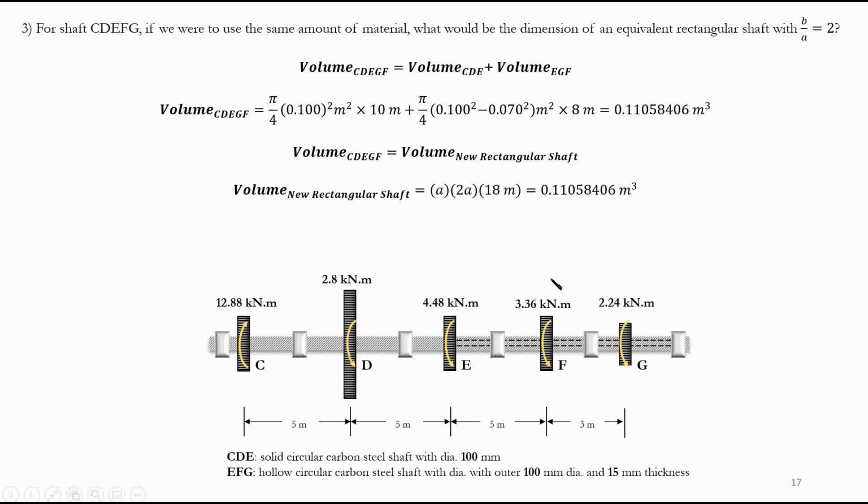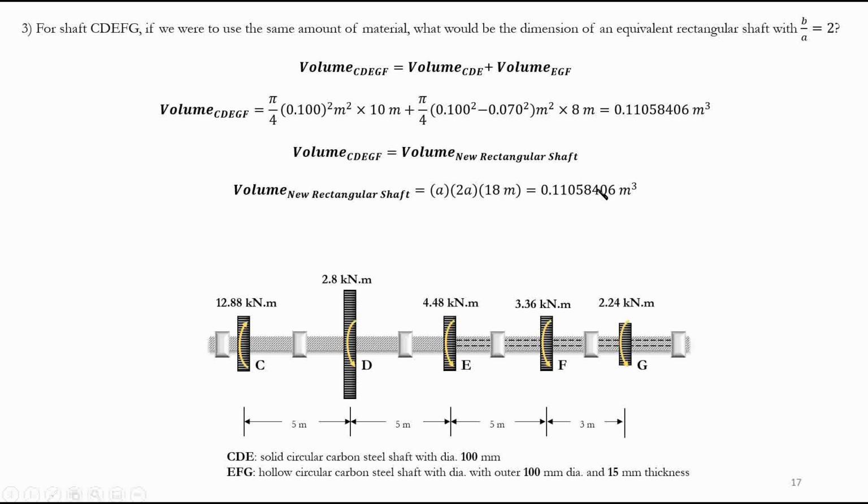But what about the area of the base? The area of the base is the area of a rectangle. If we consider one side A and the other side B, it's A times B. But wait a minute, here the ratio of the two sides is given: B over A is 2. So when we say A times B, for B we can substitute 2A. So from here, we have one unknown.